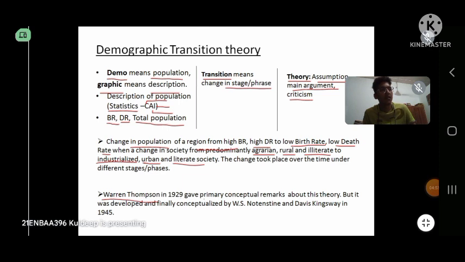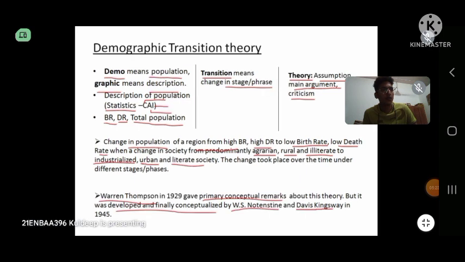He gave some idea of what this theory would be, the crux, you could say. He took the initial steps in forwarding this theory, but it was developed and finally conceptualized by W.S. Notestein and Davis Kingsley in 1945.